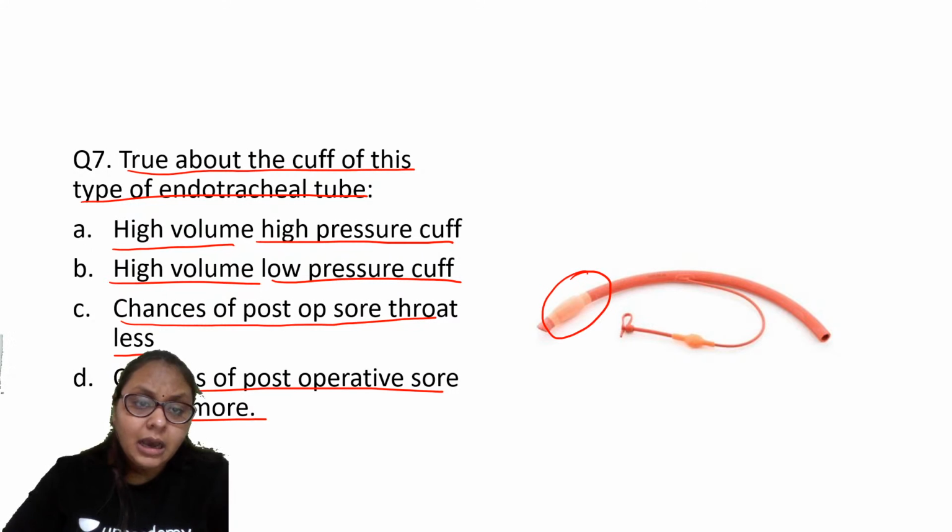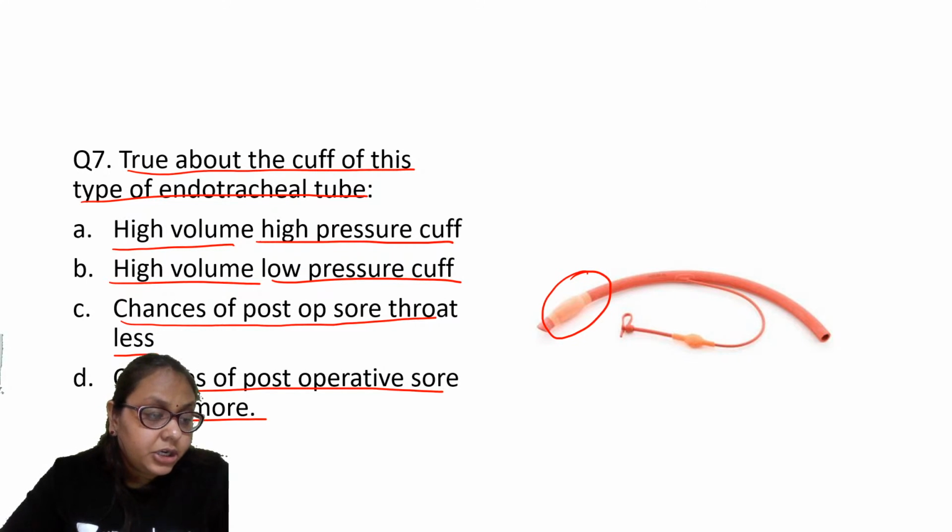True about the cuff of this type of endotracheal tube is A. High volume, high pressure. B. High volume, low pressure. C. Chances of post-op sore throat is less, or chances of post-operative sore throat is more. What is the correct answer?